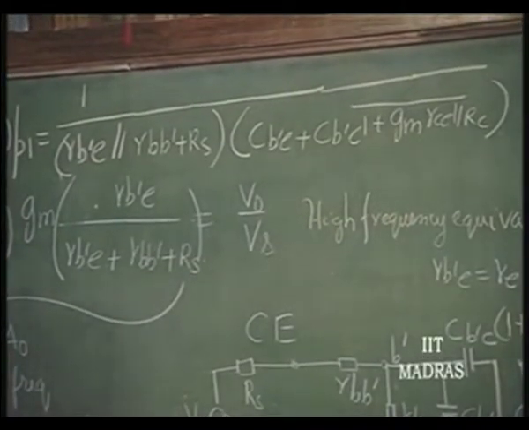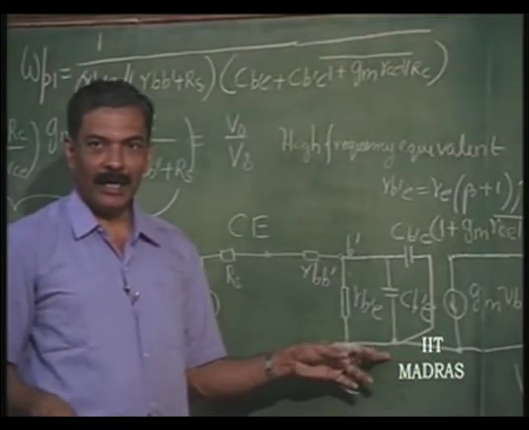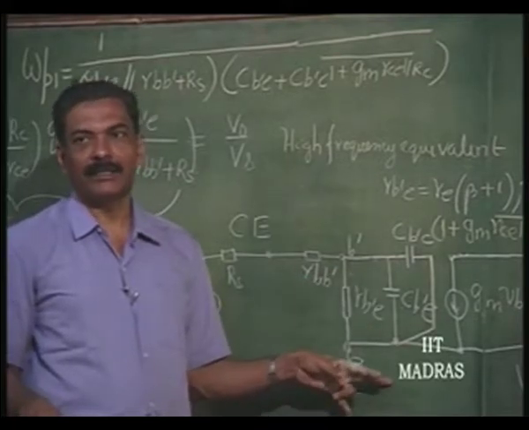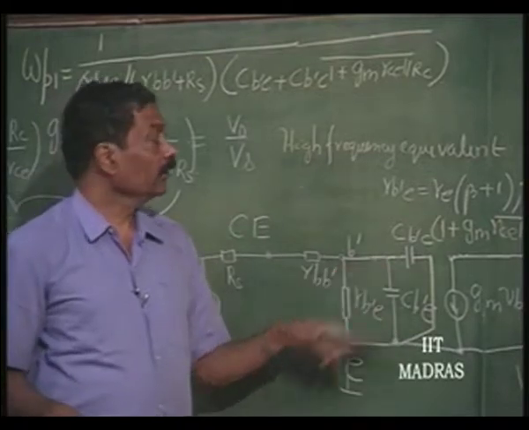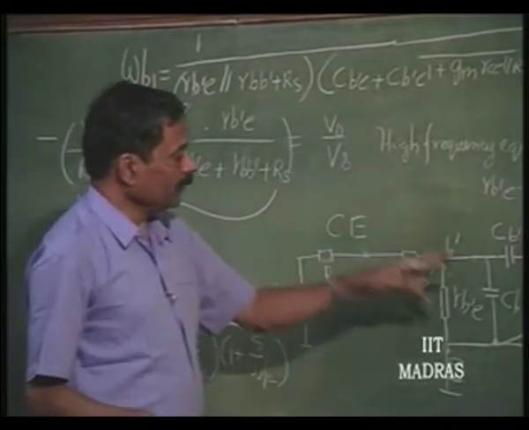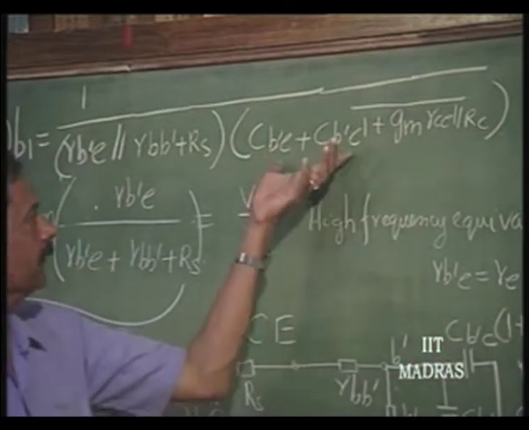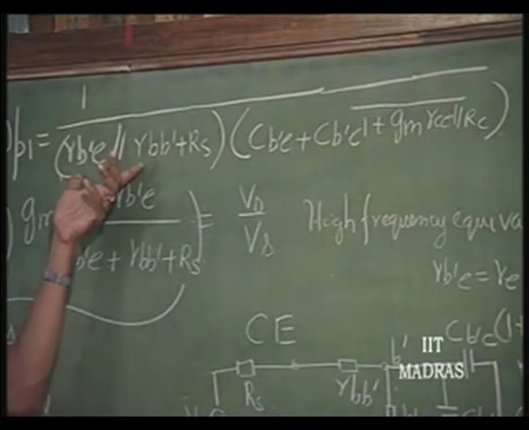That can be written by observation. Always find out the net capacitance and the net resistance across the capacitance. That will determine the time constant at any point. Okay. So, Cb dash e plus Cb dash c into 1 plus Gm Rc parallel Rce is the net capacitance. Across that capacitance we have a resistance of Rb dash e parallel Rbb dash plus Rs.